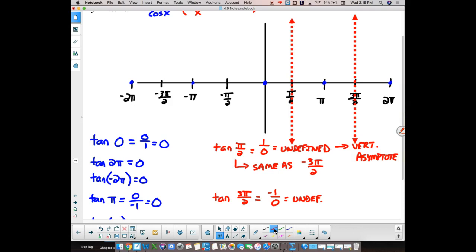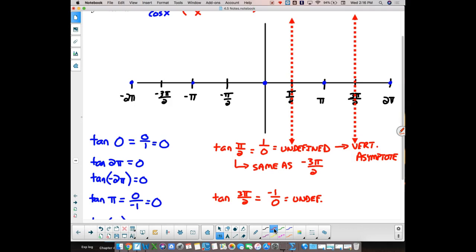With me on that? Because if I go a positive pi over 2 or a negative 3 pi over 2, I'm at the exact same spot.